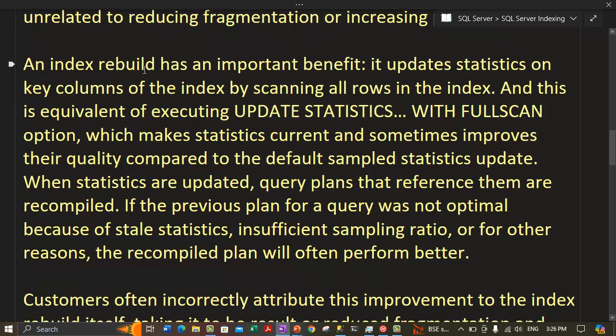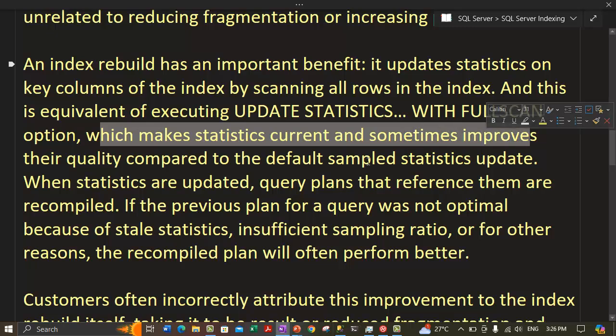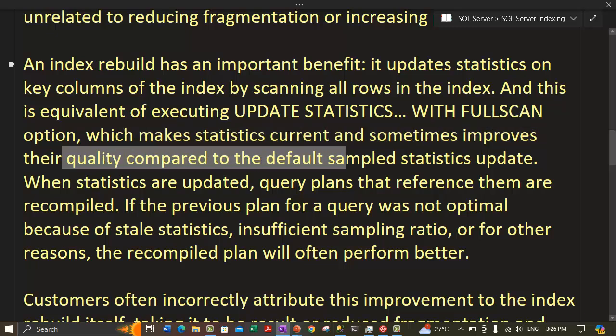So whenever the index rebuild process updates the statistics on the key columns, it is equivalent to running the update statistics process separately with the full scan option, which makes statistics on that particular column current and sometimes improves their quality compared to the default sample statistics update.